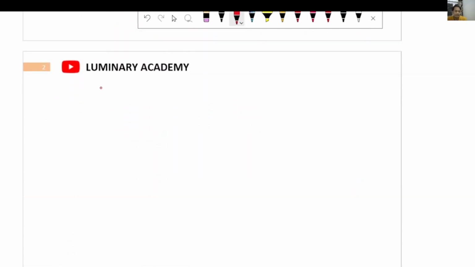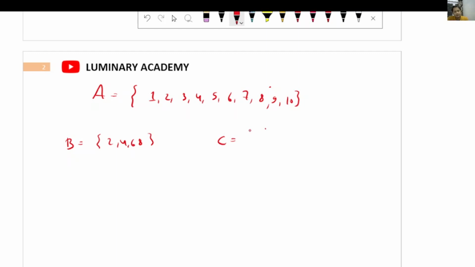Suppose I have an example of set A in which it has some numbers: 1, 2, 3, 4, 5, 6, 7, 8, 9 and 10, right? Let's take another set, B: 2, 4, 6, 8. Another set, C: 6, 8, 10, 12, 14.